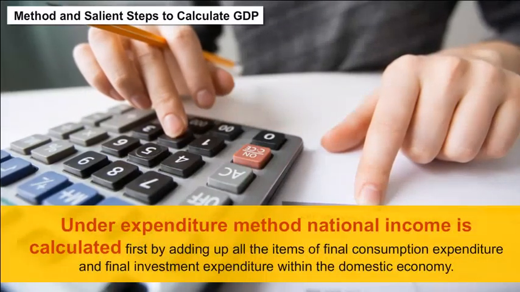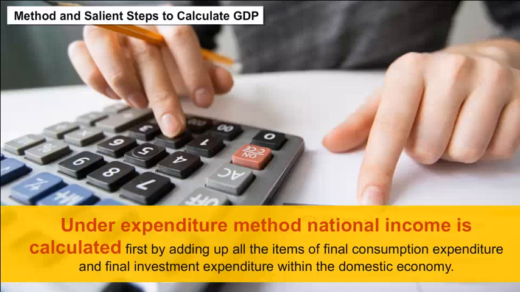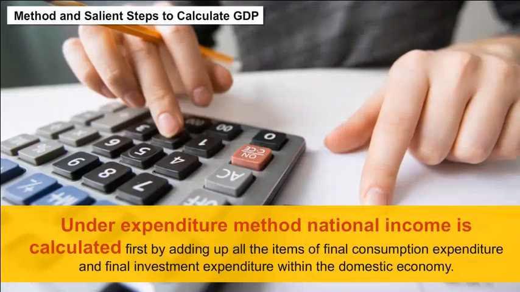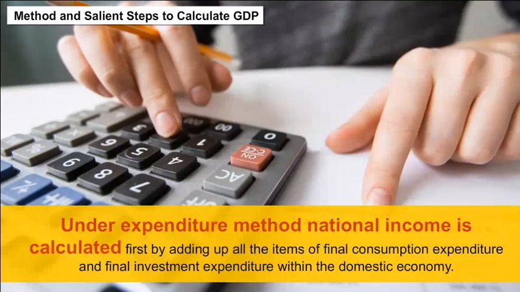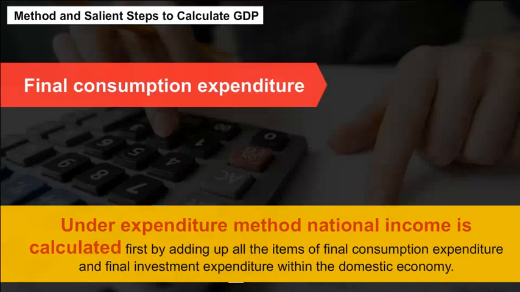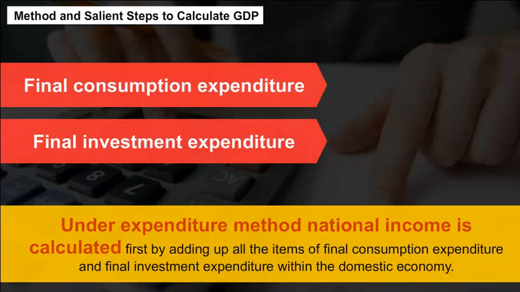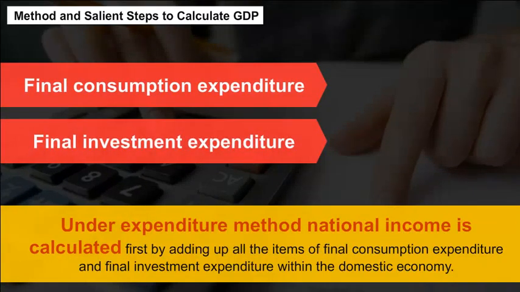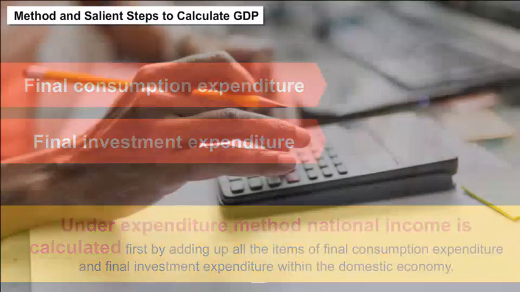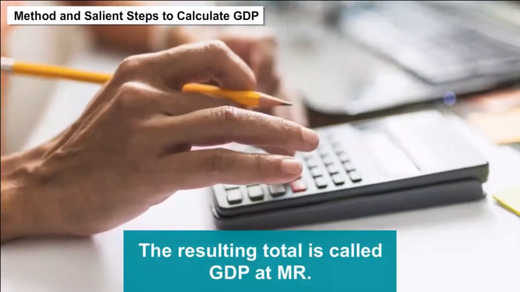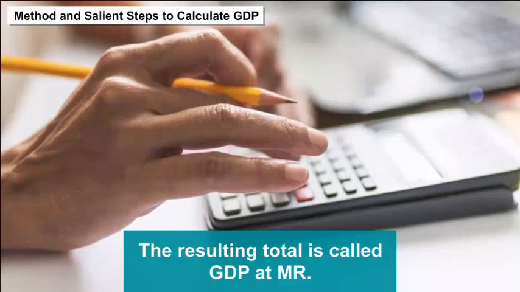Under expenditure method, national income is calculated first by adding up all the items of final consumption expenditure and final investment expenditure within the domestic economy. The resulting total is called GDP at MP.